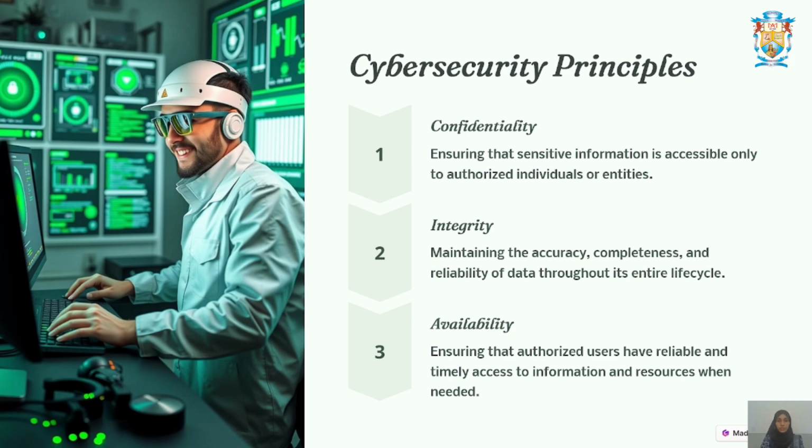Next is integrity. Maintaining the accuracy, completeness and reliability of data throughout its entire life cycle. Availability. Ensuring that authorized users have reliable and timely access to information and resources when needed. So when the user asks for any kind of information or data, it should be available to that user.